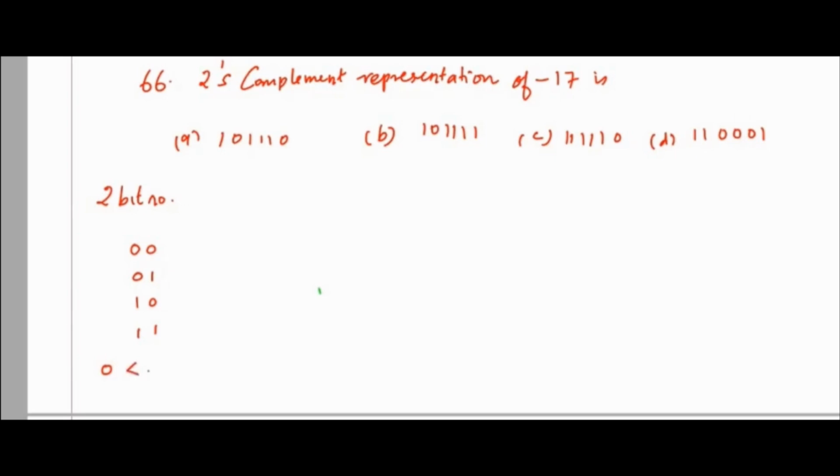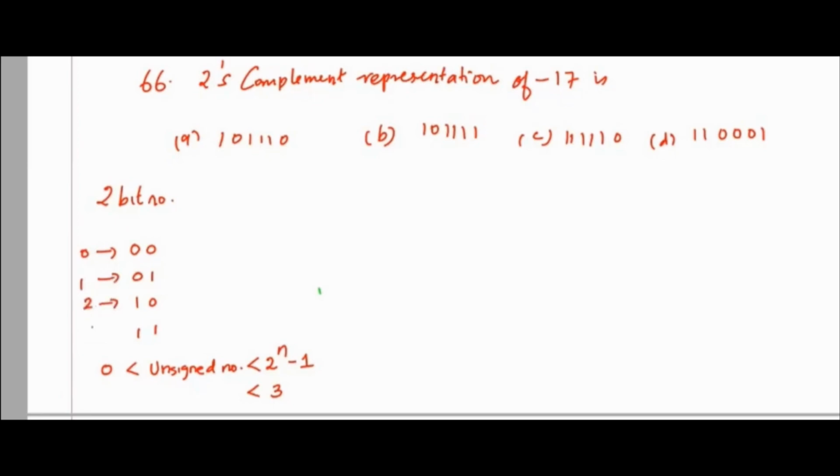So the number is ranging from 0 to 3, right? If it is an unsigned number, it ranges from 0 and the maximum value is 2 power n minus 1, where n represents the number of bits, that is 2. So 2 power 2 minus 1 is 3. So this is a formula.